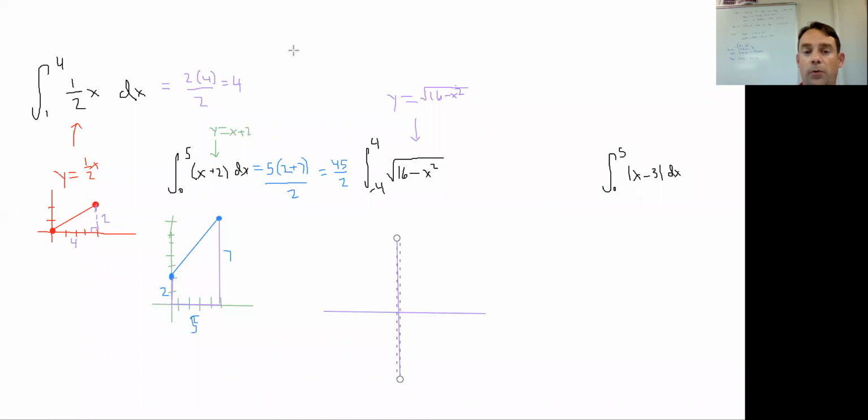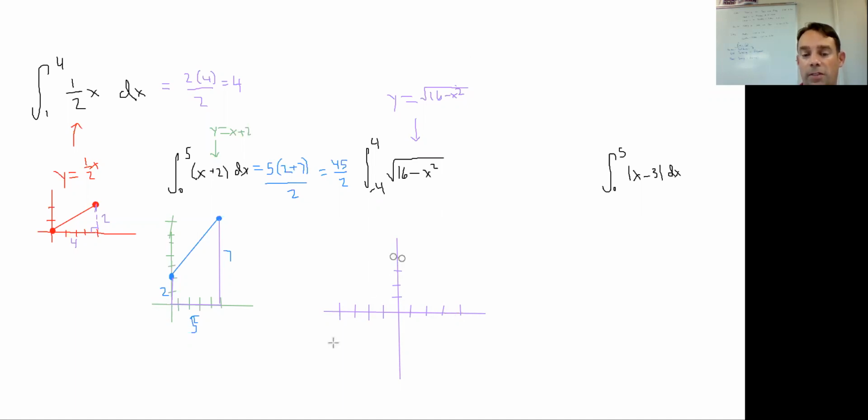So this shape right here, 1, 2, 3, 4. 1, 2, 3, 4. 1, 2, 3, and 4.